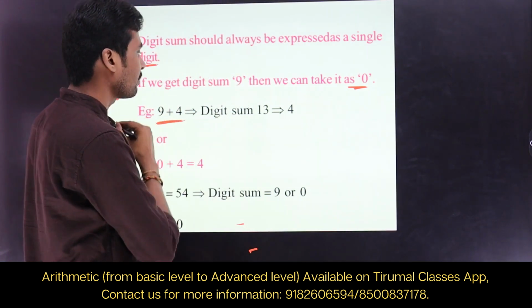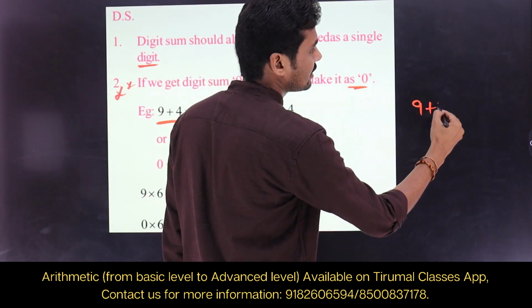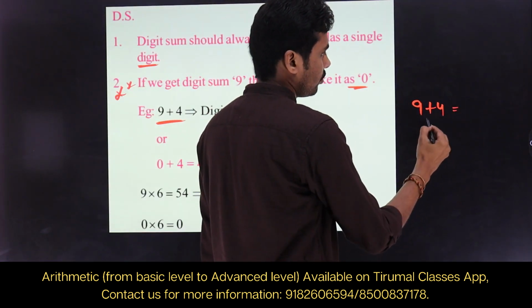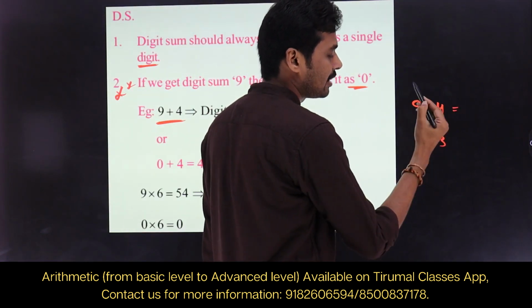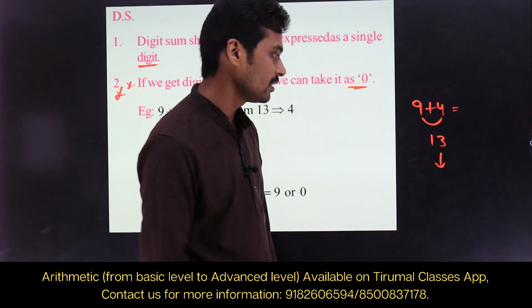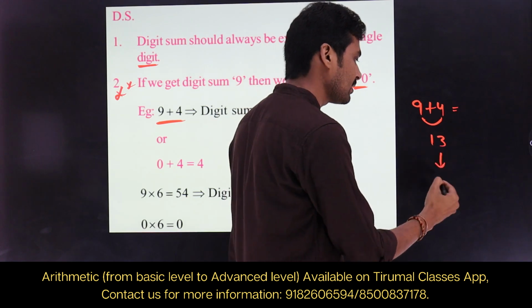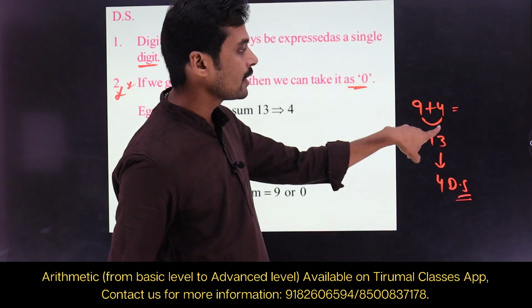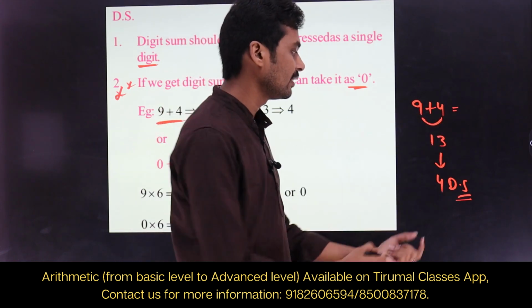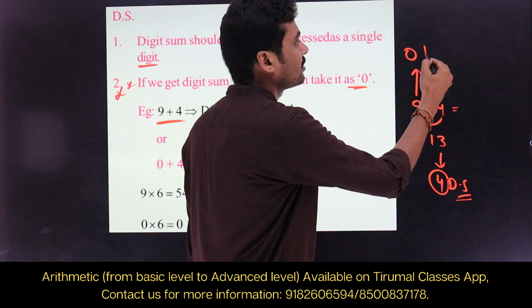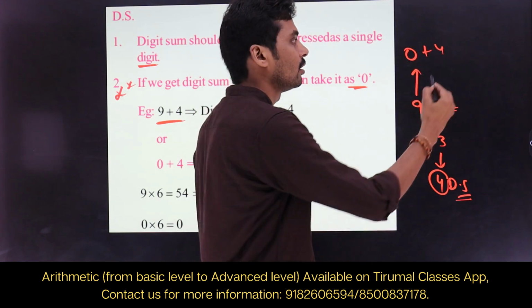Let's say this is an example, 9 plus 4. 9 plus 4 is equal to 13. 13 means 1 plus 3, because we have to express the digit sum as a single digit. 1 plus 3 is 4. The digit sum is 4. The same thing, if instead of 9 I take 0, 0 plus 4 is equal to 4 only.